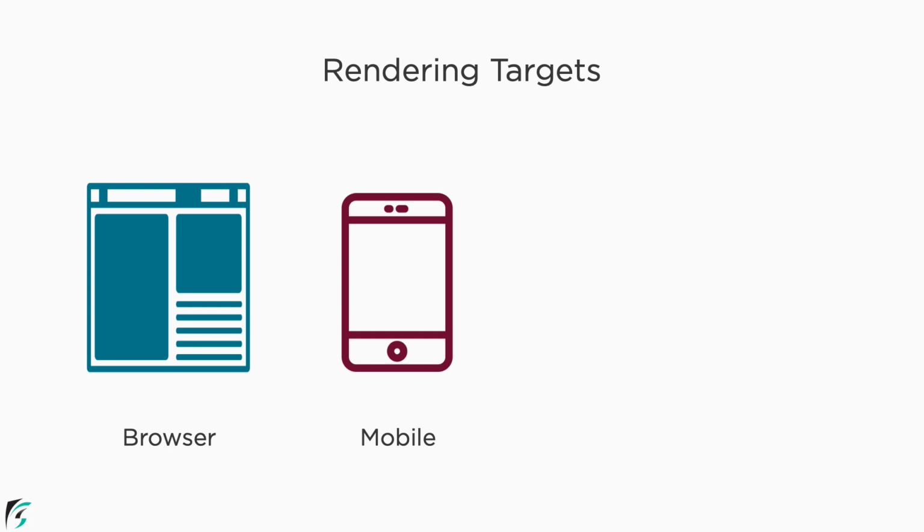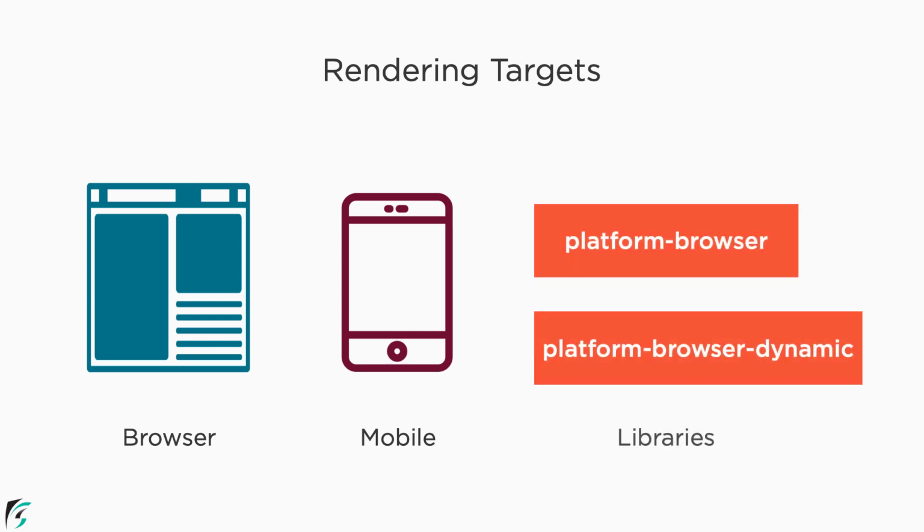This includes the browser, desktop apps, as well as mobile devices. And to do this, Angular comes with two packages that are used by default to enable rendering to the browser and the DOM. These are the Platform Browser and Platform Browser Dynamic libraries. So if your application needs to run on more devices than just a browser, then you're well covered.